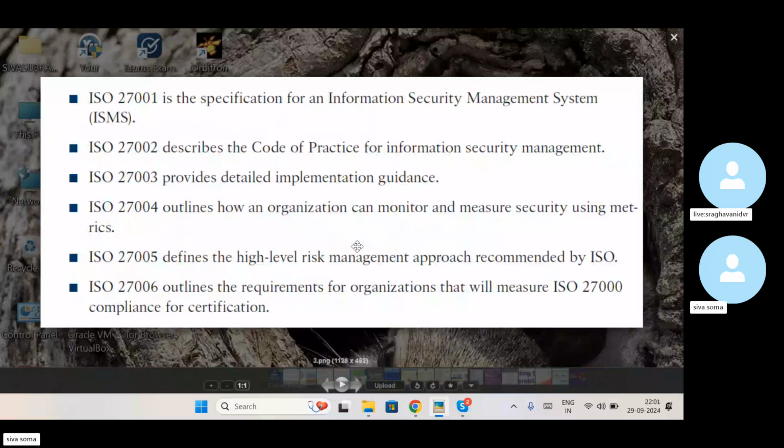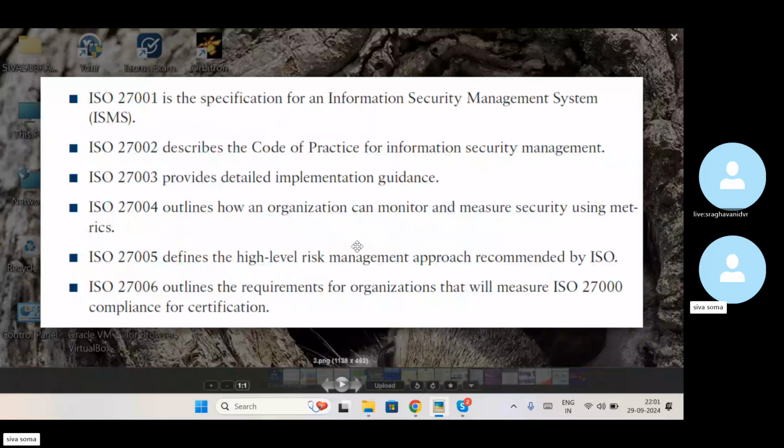The next one is 27005, the risk management approach. Risk management means that if you find any negativity like suspicious activity in your organization, how you manage that task. It is a separate topic with a lot of domains under the category of risk management.